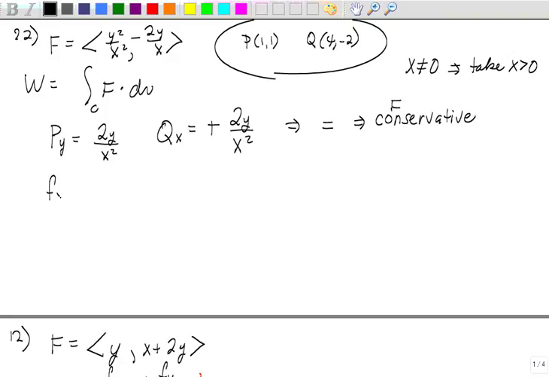Okay, f of x is this. So if I integrate that with respect to x, that's x to the negative 2, so it's going to be negative y squared x to the negative 1.